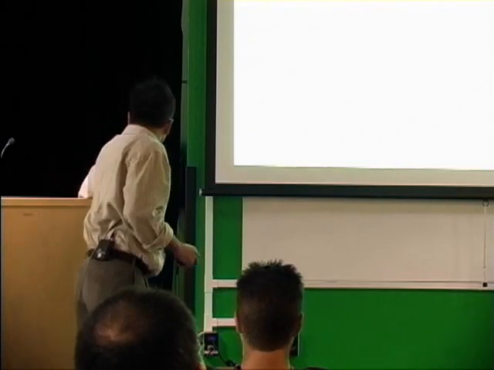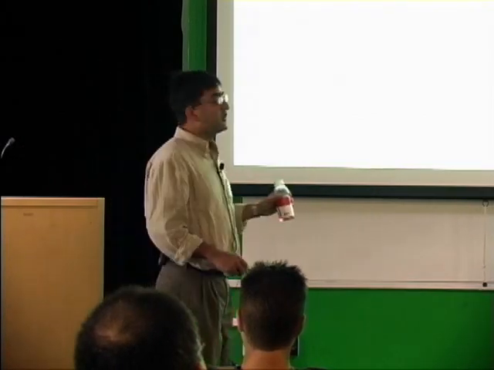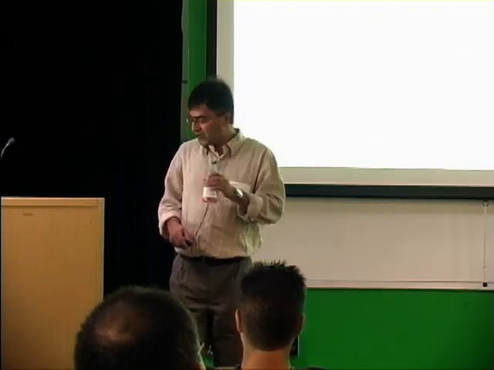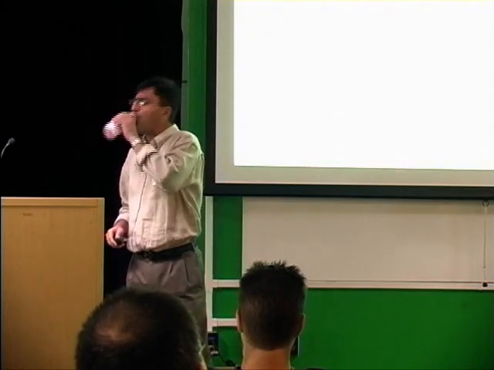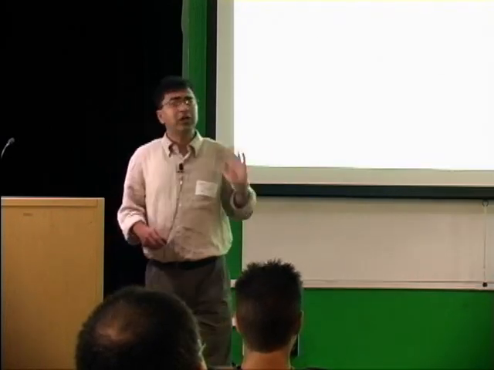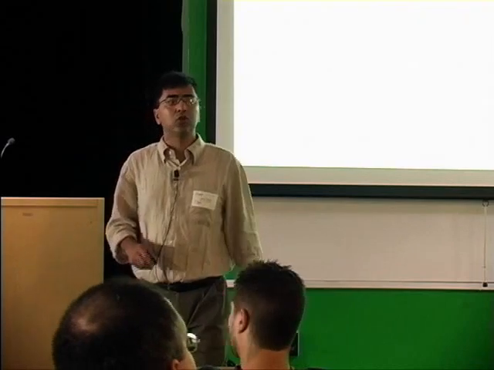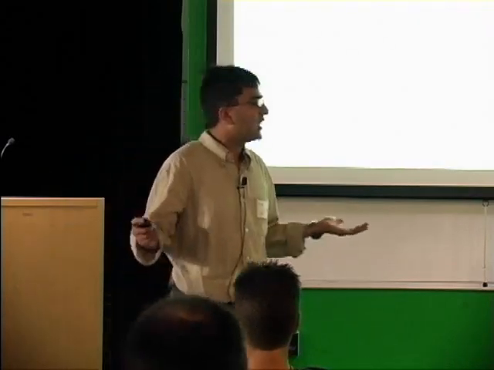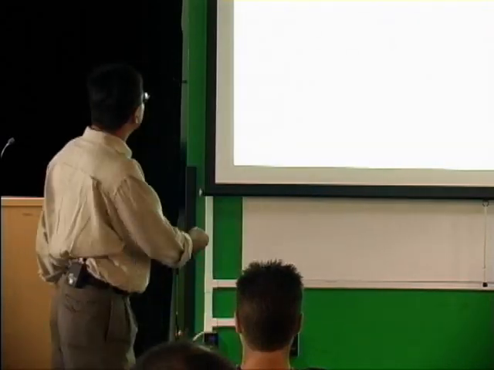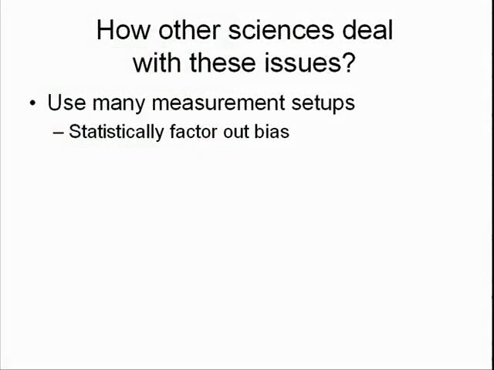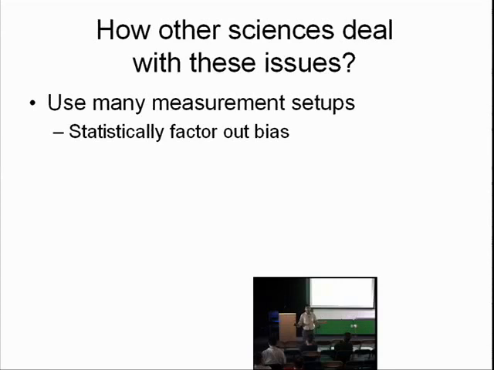Now that we have looked at what CS systems researchers do, we should look at what other sciences do. These phenomena, of course, are not specific to computer science. Other sciences have dealt with them for hundreds of years. There's basically 2 techniques that other sciences follow. The first technique is that they use many different measurement setups.